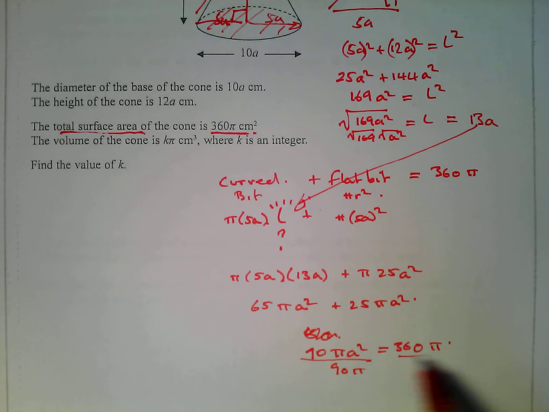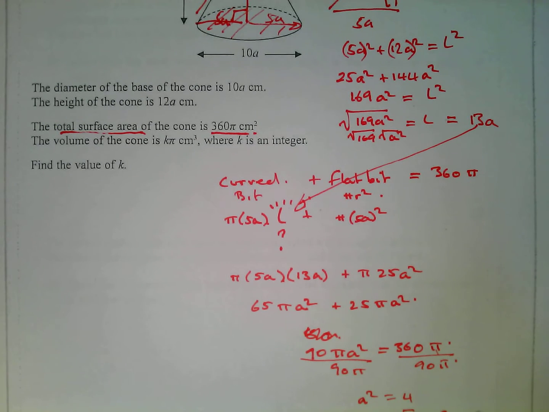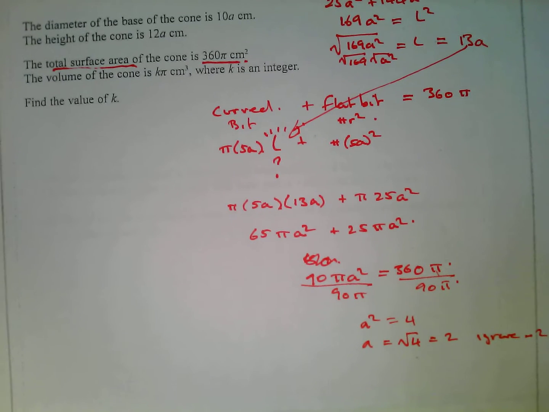This gives me 5 times 13 is 65, so I get 65 pi a squared and 25 pi a squared, which gives me 90 pi a squared, and that's equal to 360 pi from this part up here.